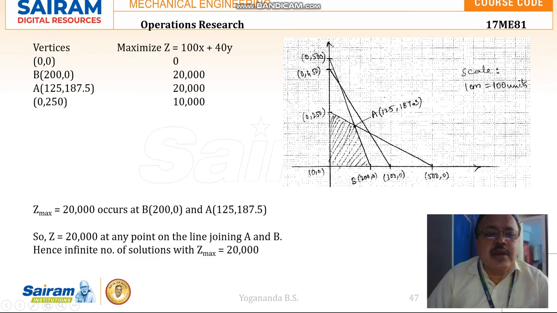So considering the four values of Z, we are getting 20,000 the same. That is the maximum Z, which is occurring at the 2 points A and B here. So Z is 20,000 at any point on the line joining A and B. If I consider any other coordinate on the line joining these 2 points A and B, I may get the Z value as 20,000.